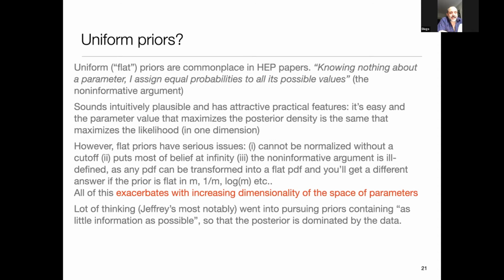So if you assign a flat prior, equal probabilities to all the possible values, you are making a Bayesian inference that is objective, that has no influence from the prior.